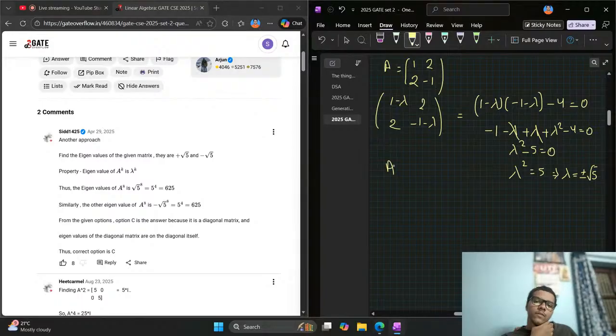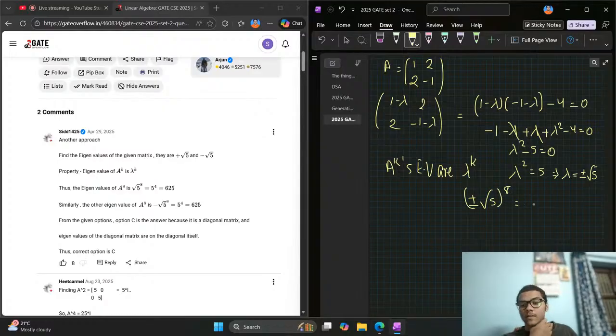The eigenvalues of A power k are lambda power k. So plus or minus root 5, whole to the power of 8. What is going to be that?